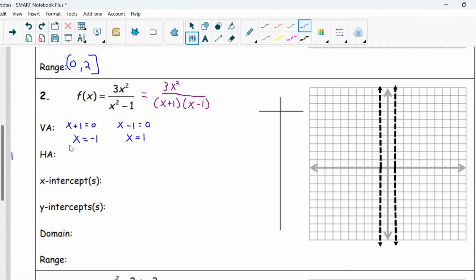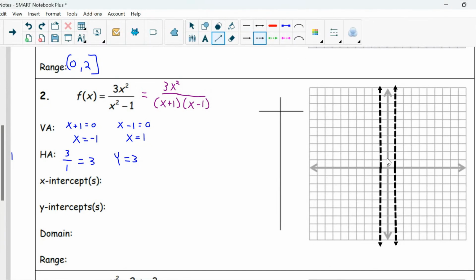The leading coefficient of my numerator is 3. Leading coefficient of my denominator is 1. 3 over 1 can just be rewritten as 3. So my horizontal asymptote is actually at y equals 3. So I'll graph that in as well.